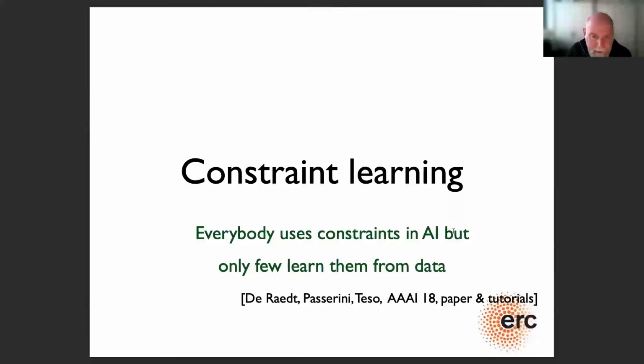Now, with regard to constraint learning, it's amazing that in the AI and machine learning community, everybody is actually using constraints, but relatively few people are actually looking at learning models for constraint satisfaction problems. Certainly in combinatorial optimization, very few people are looking at how they can be learned from data.